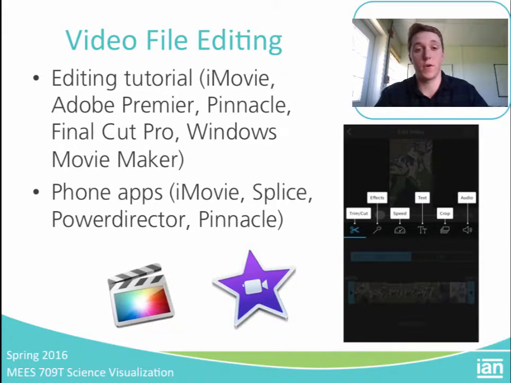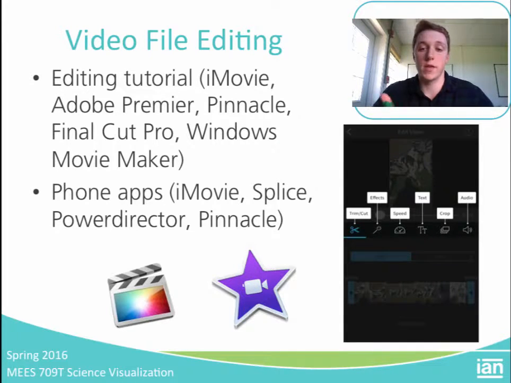And that's just on a phone app. That's using Splice, which I have listed there under the phone apps, and that's a free phone app that you can just take videos on. So you could do all of this on your phone. You would never have to put it on your computer, and you can throw in pictures in there. You know, go from a video to a picture, back to a video to some text.